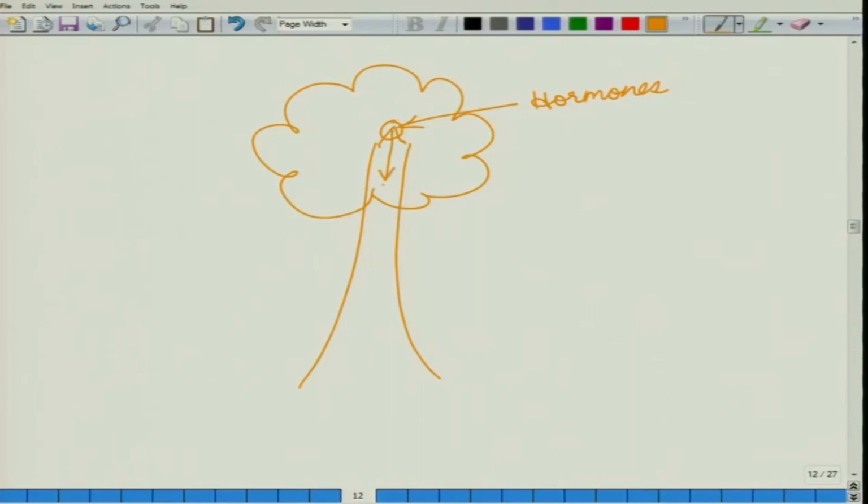Now, the effect of the hormones is to stimulate the sideways growth as well as the growth in height. Now, because these growth substances called hormones originate in the crown or at the top end of the tree and then they are distributed down and around the bole or the stem, then the impact of these hormones would naturally give us the tree form.